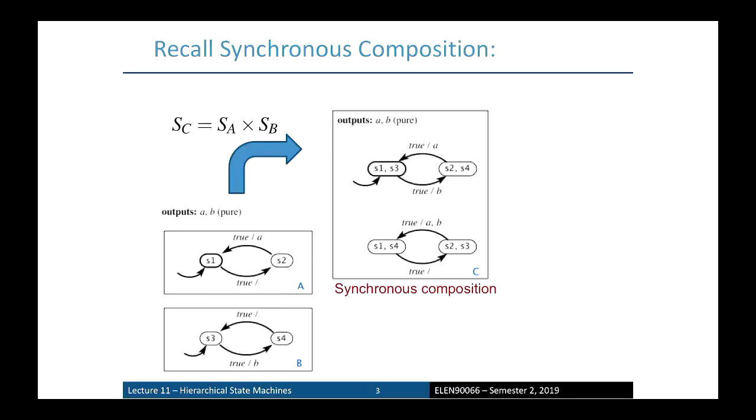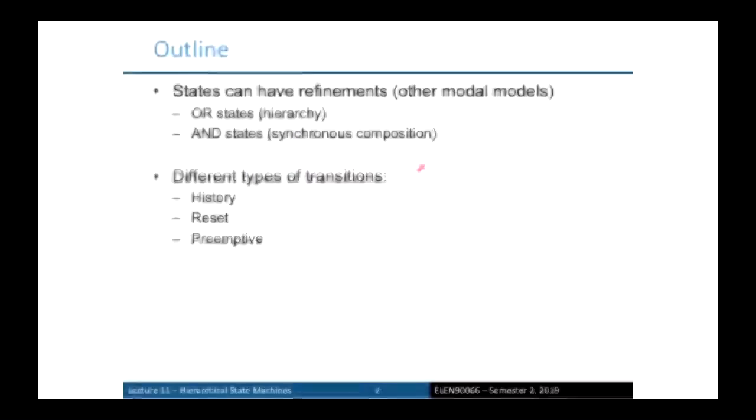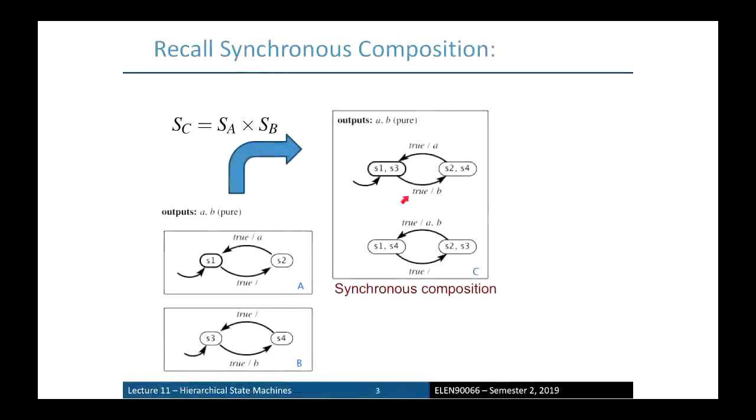So when you have a composition, here are two independent state machines, and you compose them together, the environment still determines when they react. Right? There's nothing in here saying when these things react. It just tells you the conditions under which they will react, not when. So the environment still decides when these things are going to transition.